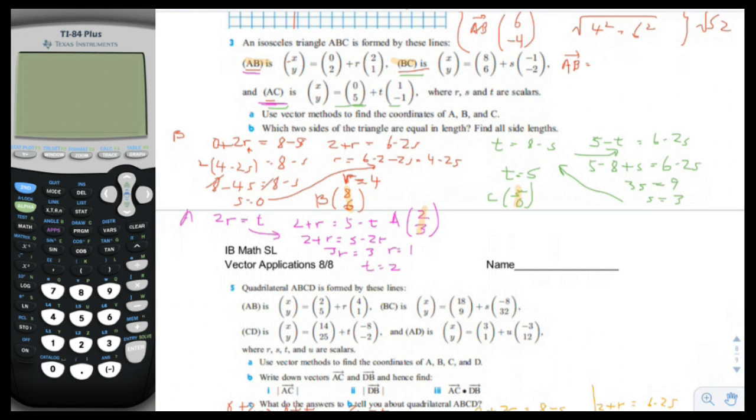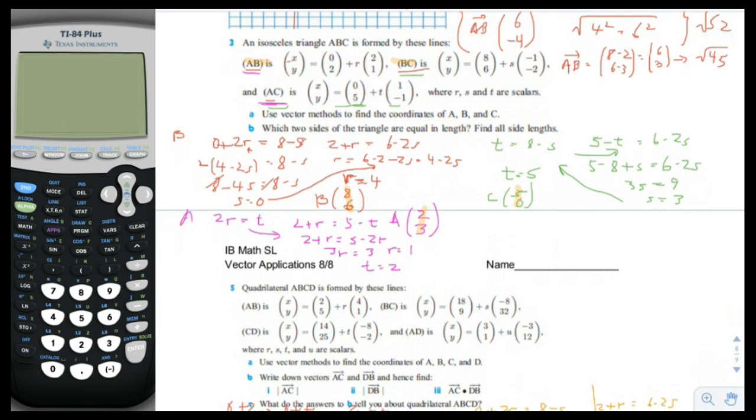Vector AB is going to be equal to 8 minus 2, 6 minus 3, which is 6, 3. And so the magnitude of 6, 3 would be square root of 36 plus 9, which would be square root of 45. Okay, that would be the magnitude.